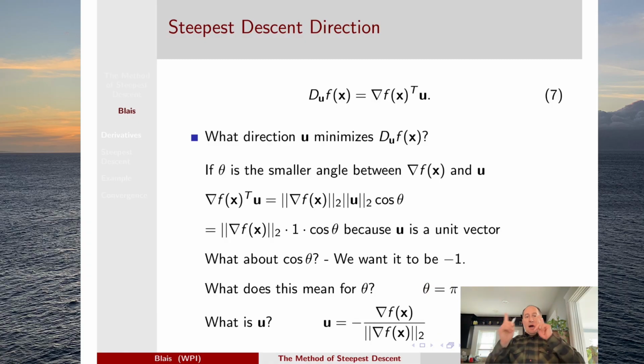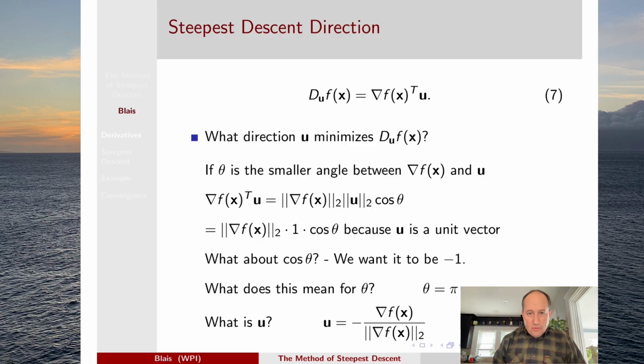That is the opposite direction of the gradient. How do we get the opposite direction of the gradient? As a unit vector, here's the gradient. Divide it by its length, that makes it a unit vector, and then multiplying by -1 means it's a unit vector pointing in the opposite direction of the gradient.